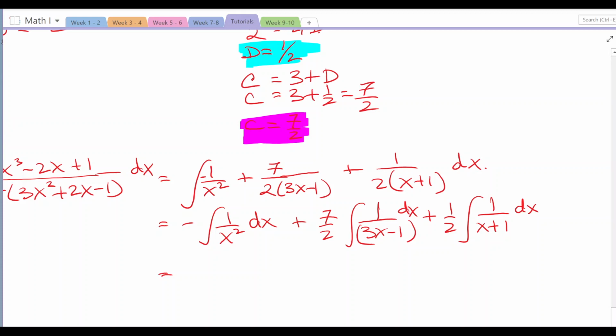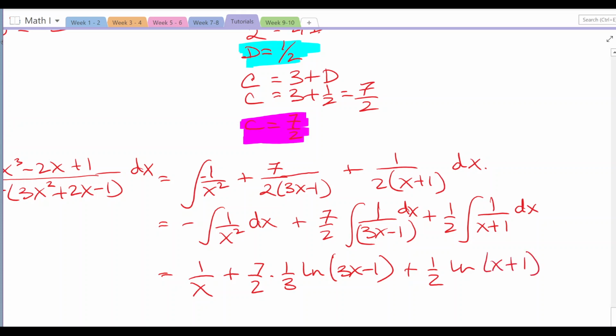Because the integral of x to the power of negative 2 gives positive 1 over x. Then we have 7/2 times 1/3 ln of 3x minus 1, and half times ln of x plus 1, plus c.